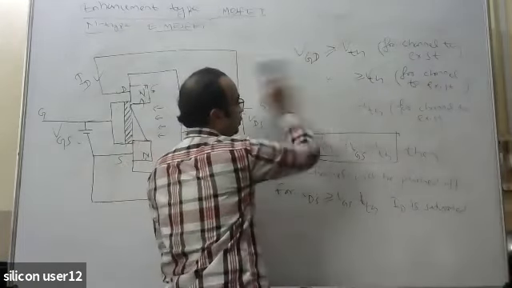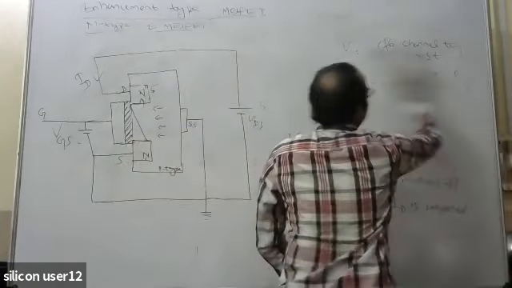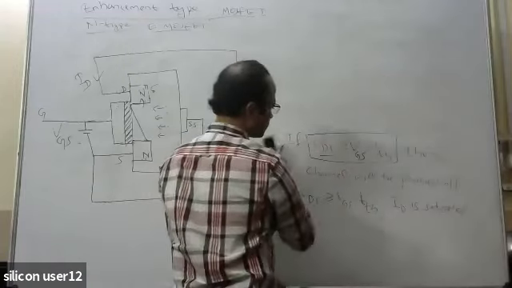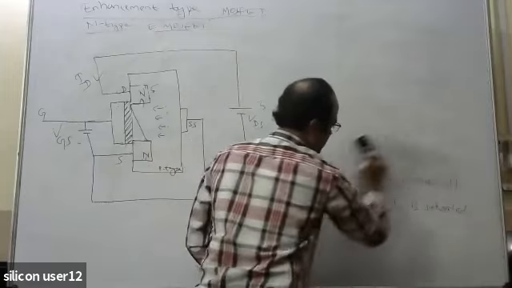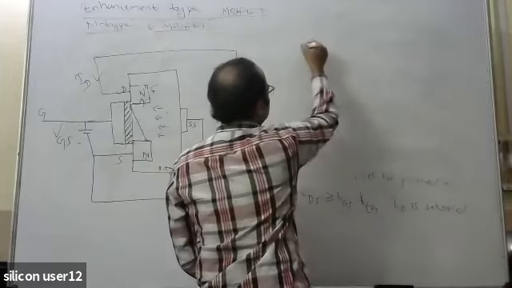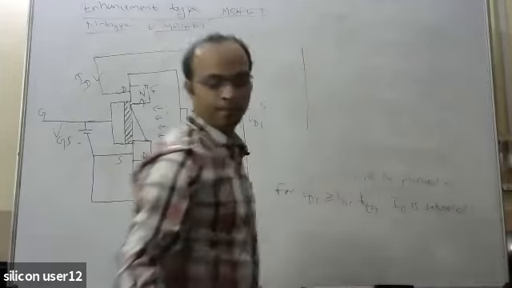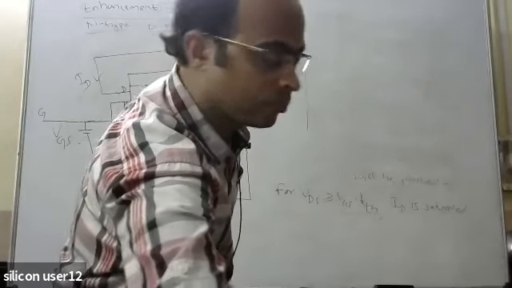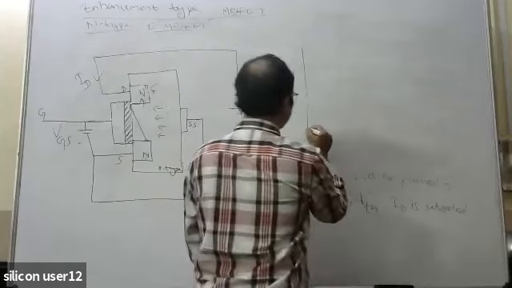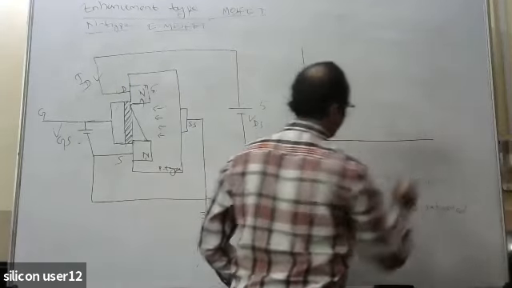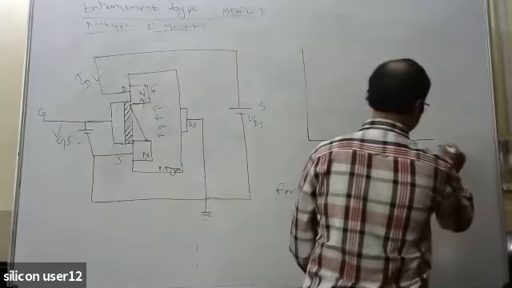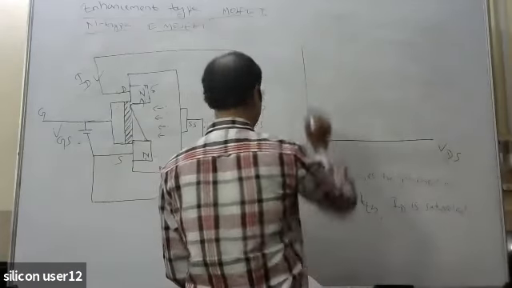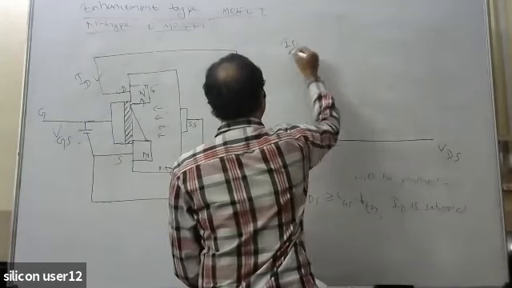That means if you draw the curve, VDS versus ID.